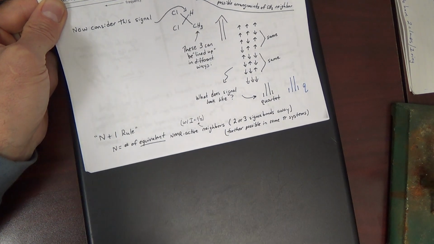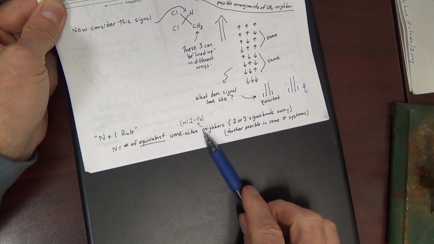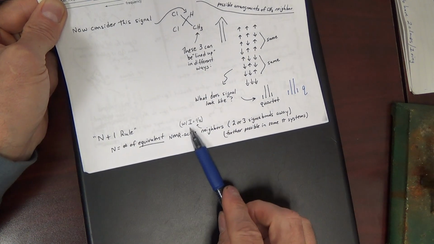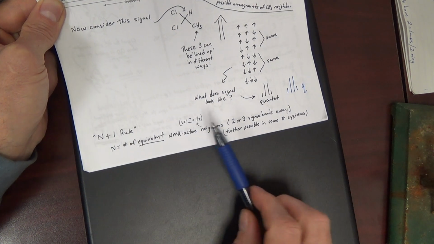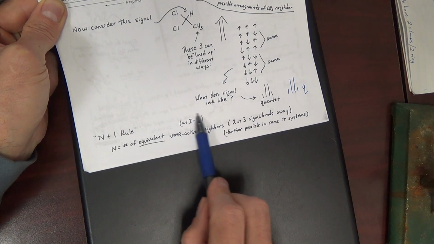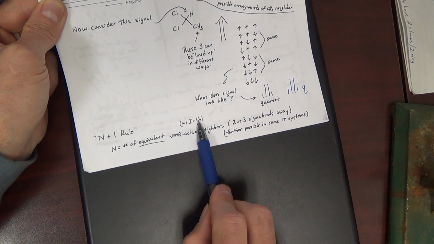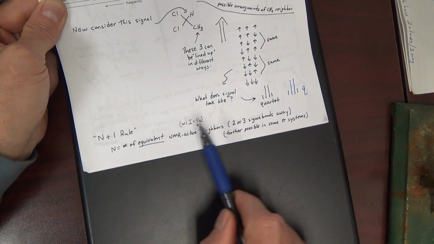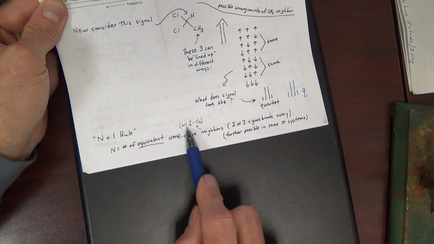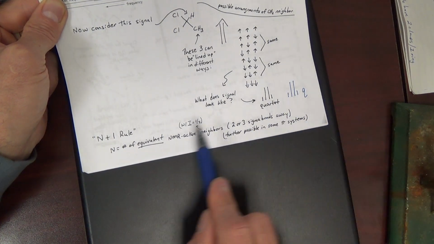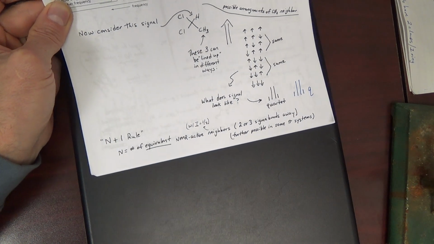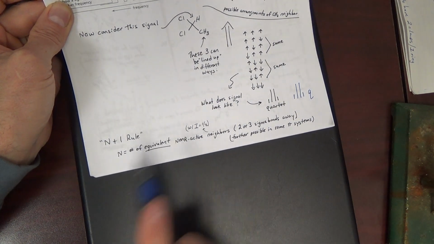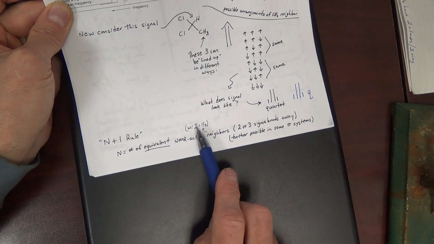Now, luckily for us, the spin of an H is 1/2. Most books will not even tell you this information. But if you ever try to apply coupling to something other than H, you've got to be aware that if the other atom has a spin different from I of 1/2, the n+1 rule is not going to work. We will see an example of this when we look at deuterium, which has an I of 1.